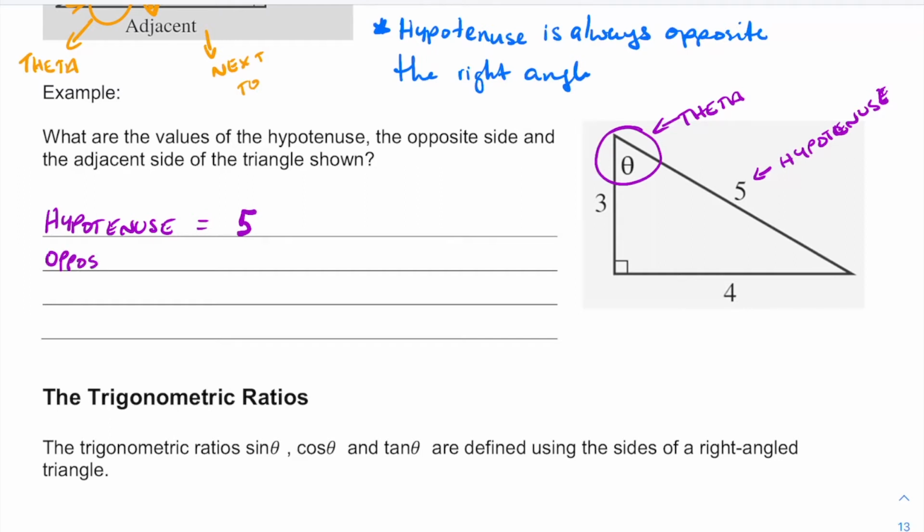Now we need to decide which side is opposite and which side is adjacent. So I'm going to pop the words opposite and adjacent right there, and we're going to have a look at this diagram. We can see that next to that angle is the side with the value of 3. So this is the adjacent side.